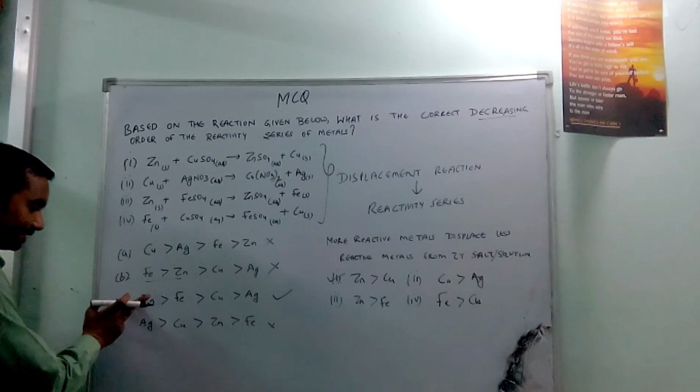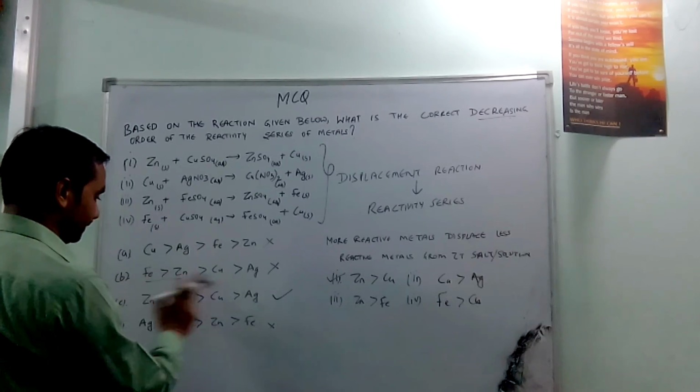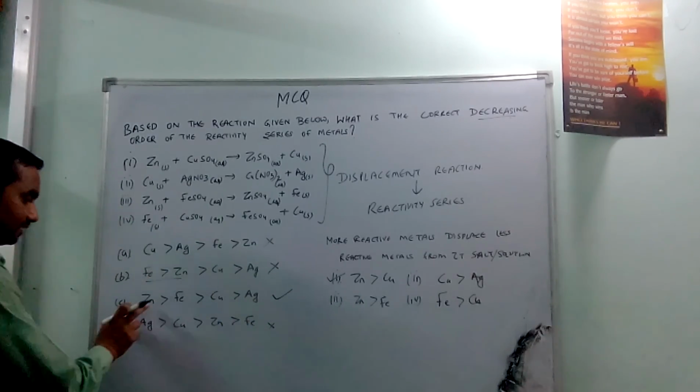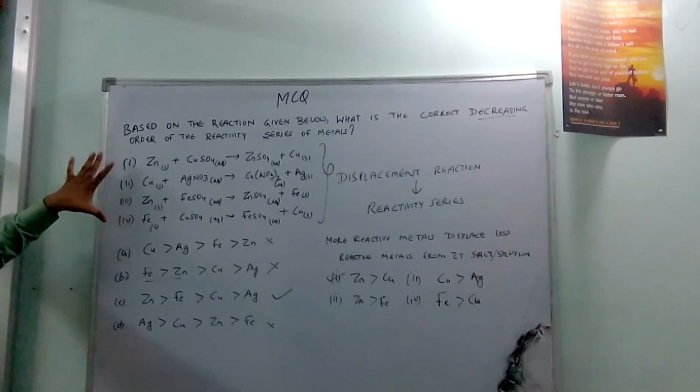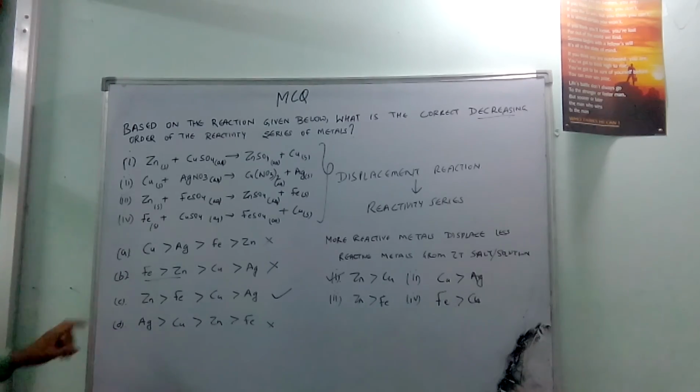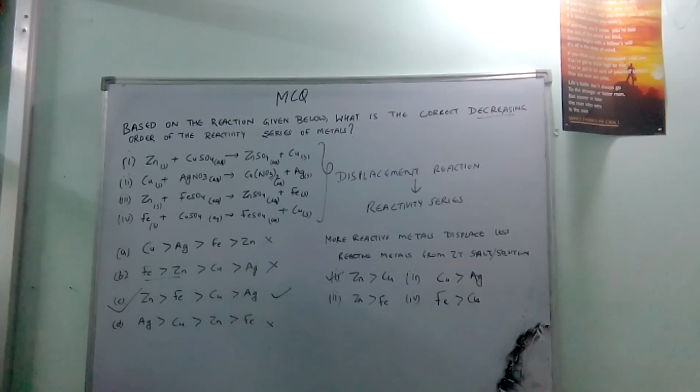From the most reactive to the least reactive, the series is zinc, iron, copper, Ag. This is what we got from all four equations, and the correct decreasing order is C.